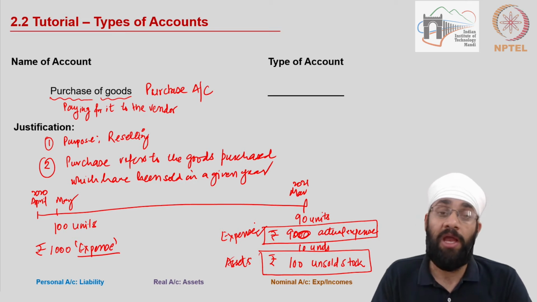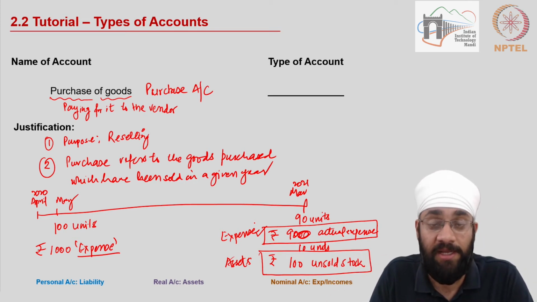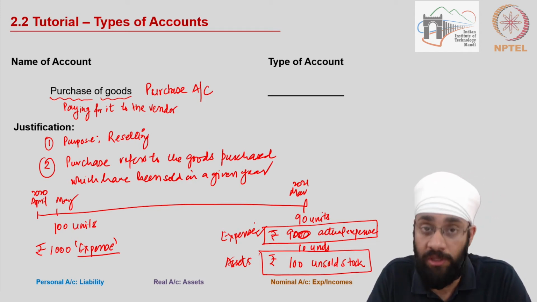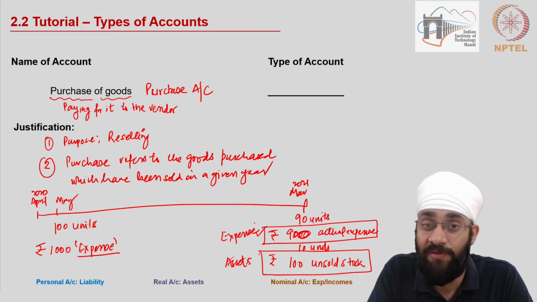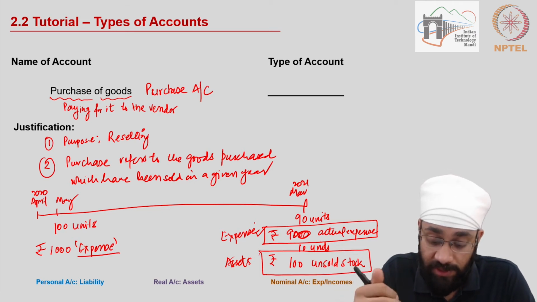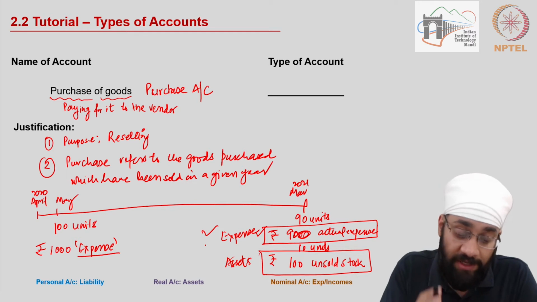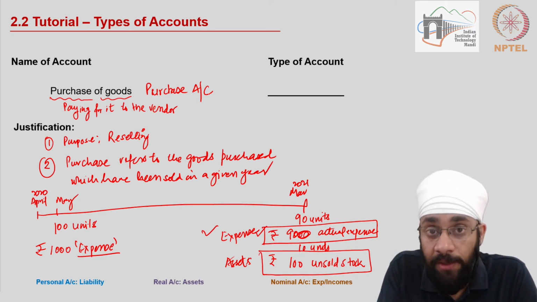So whatever is going to help you generate revenue in the next 1 year, you classify that as a current asset. But if something has already helped you generate revenue in this financial year, you have to match the cost of it to the revenue that is generated using this item. So expense is 900.